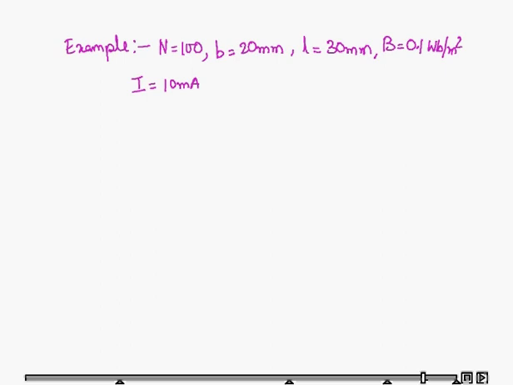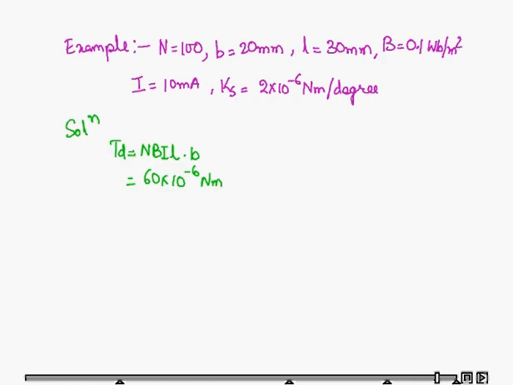Calculate the deflection if the control spring constant is 2 into 10 to the power minus 6 Nm per degree. That means Ks is given, spring constant is given 2 into 10 to the power minus 6 Nm per degree. As we know that deflecting torque is NBIL into b.